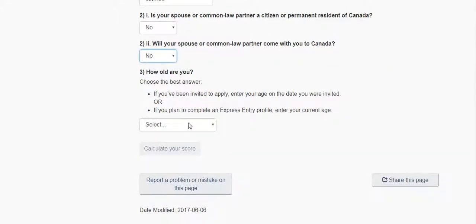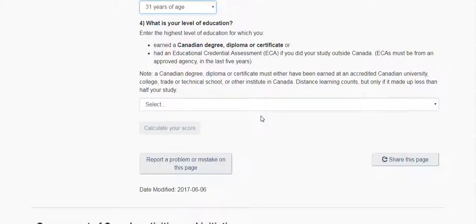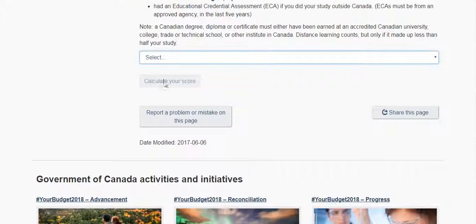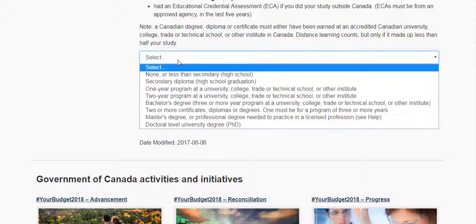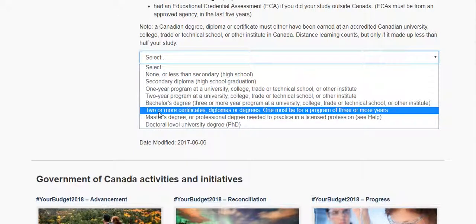How old are you? I'm 31, so I just fill 31. What's your level of education? I'm an LLB, and after my bachelor's in bioinformatics, I have 2 degrees, and both of these are 3 years, so I'll select this one.